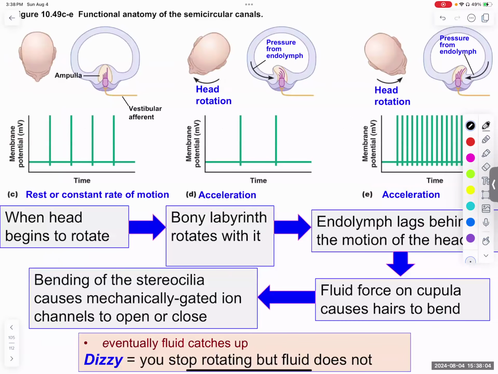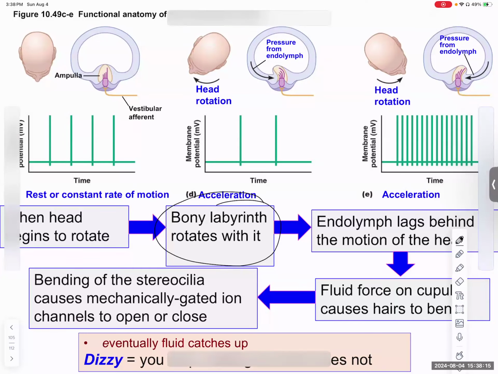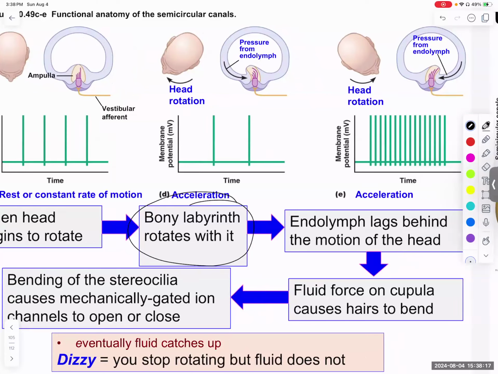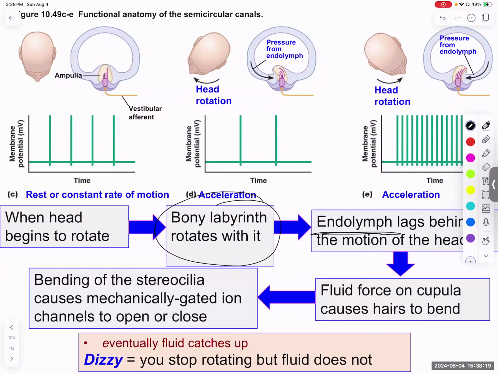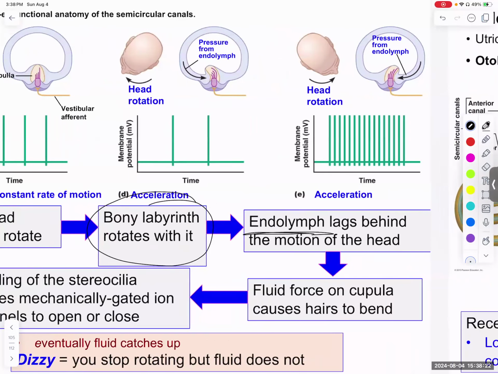So the rotation: when the head begins to rotate, the bony outer portion rotates with it in the perilymph, and then the inner membranous labyrinth and the endolymph are all rotating. And the endolymph, though, lags behind the motion of the head.